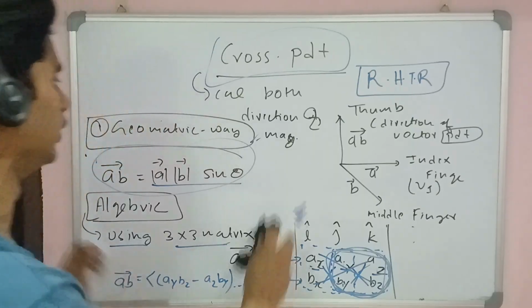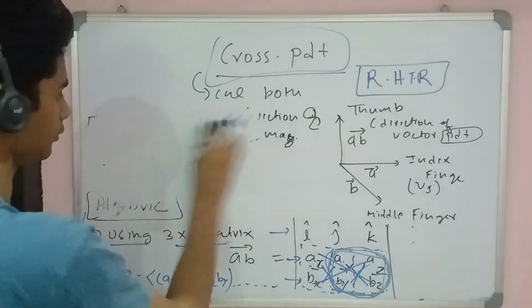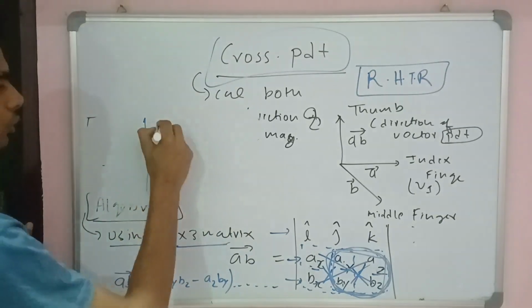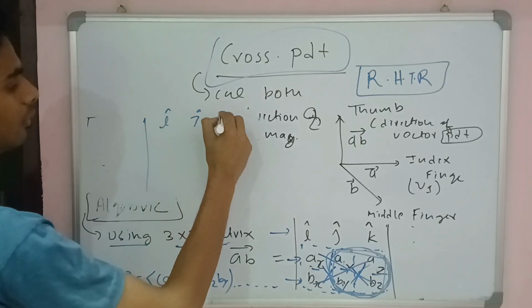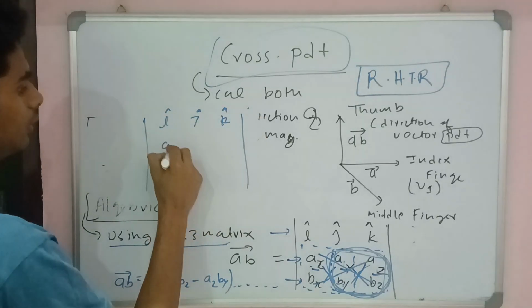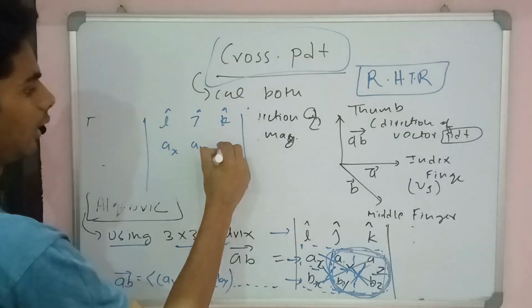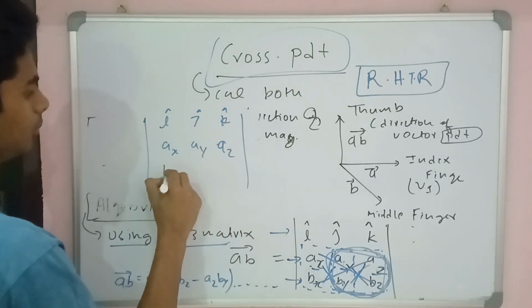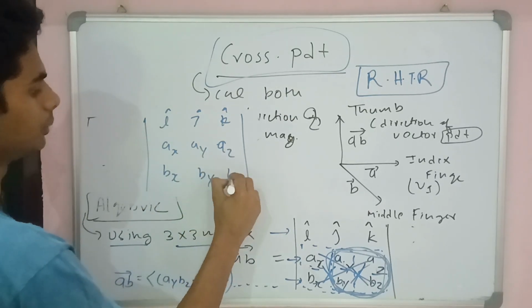I will try to explain it. Now suppose this is i cap, j cap and k cap, ax, ay and az, bx, by and bz.